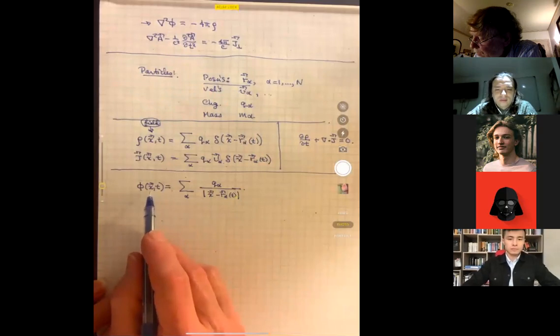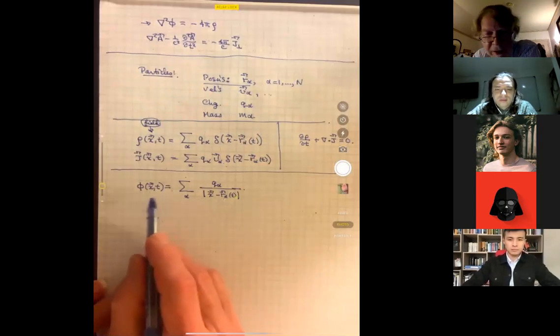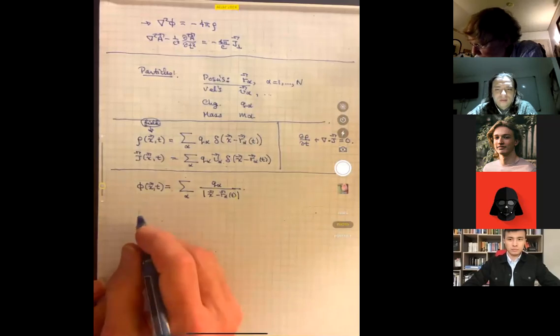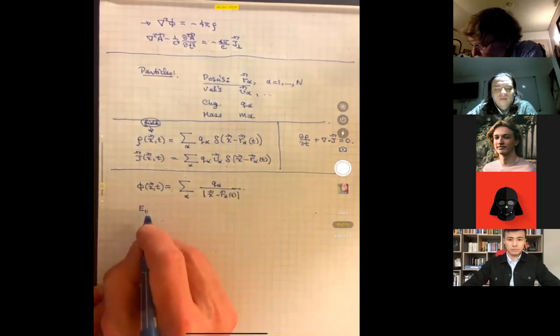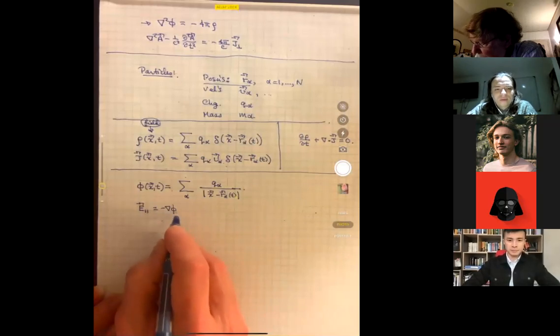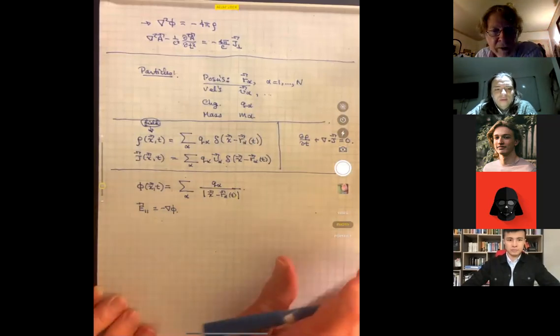But the phi is a function of the particle positions, and that means that in Coulomb gauge, the scalar potential is not a dynamical variable which is independent of the matter degrees of freedom. It's a function of the matter degrees of freedom. We discussed that earlier in connection with quantum mechanics. The same thing is true, by the way, for the longitudinal electric field, which is just minus the gradient of phi. It's also a function purely of the matter degrees of freedom, that's to say the positions of the particles.